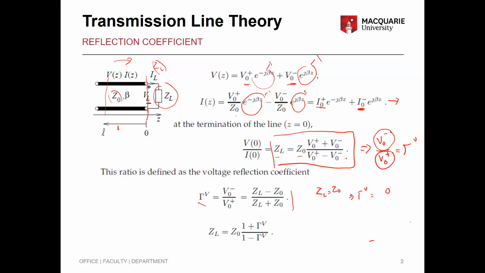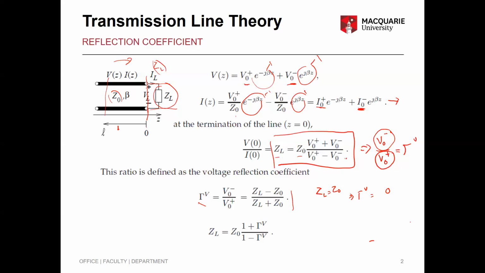The voltage reflection coefficient gives an idea of how much reflection there is towards the source. Depending on the load chosen and the source impedance, you get a certain reflection. If they're equal, you can think of this as a continuation of the transmission line, because it's the same impedance.